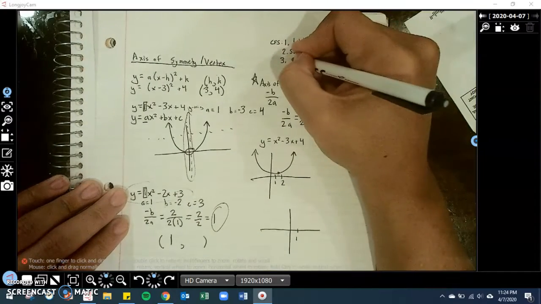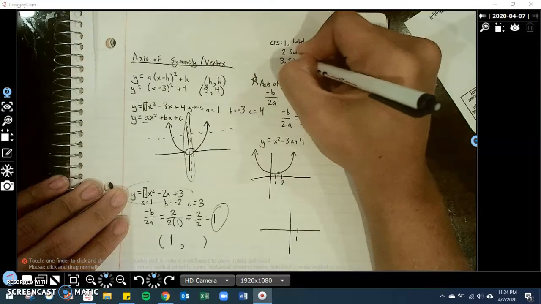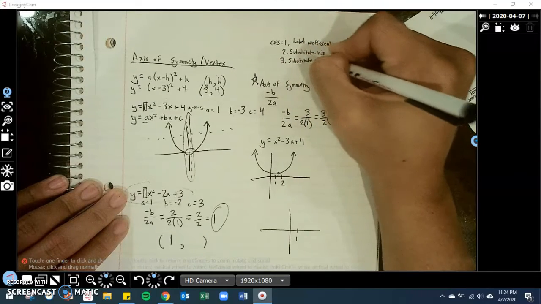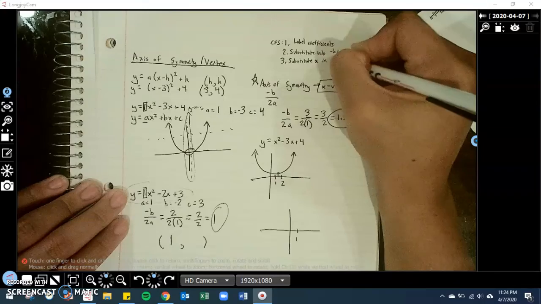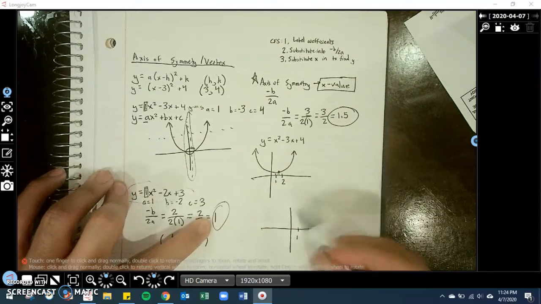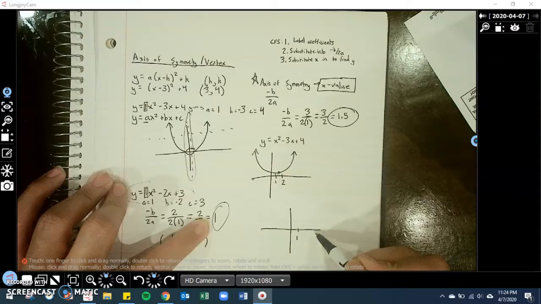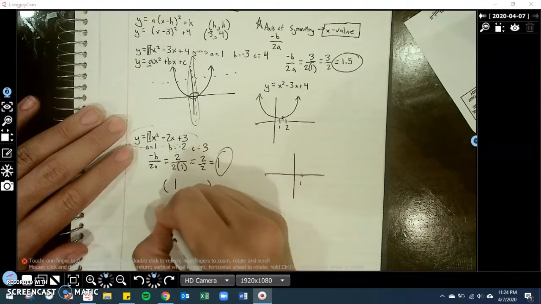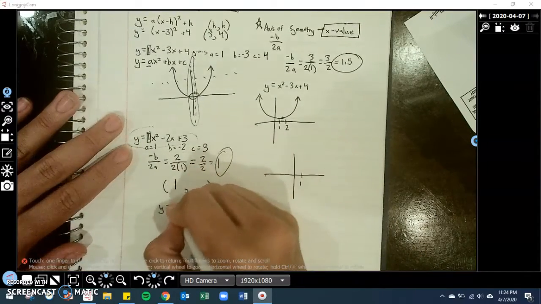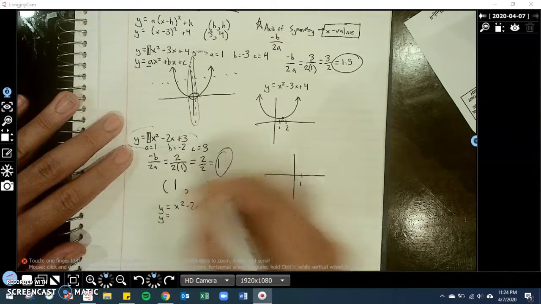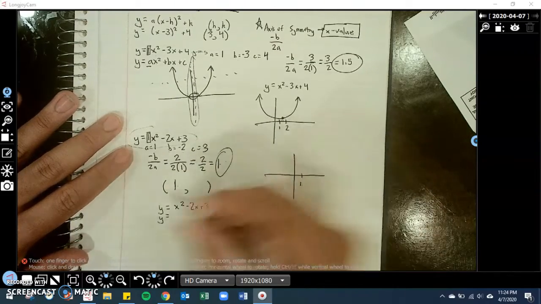So I'm going to write substitute x in to find y. Okay, and one more time. We said that this was going to be our x value, right? So every time I see x in my formula, I'm going to substitute it with 1.